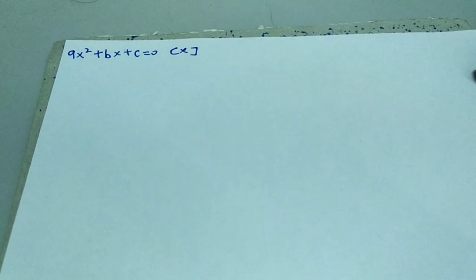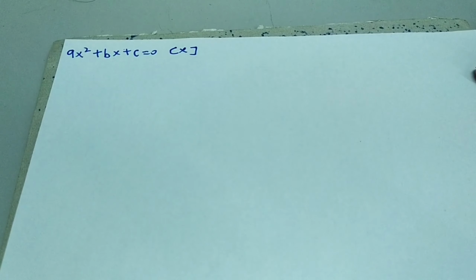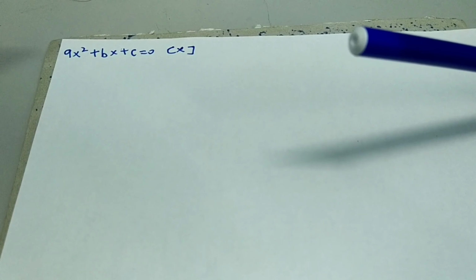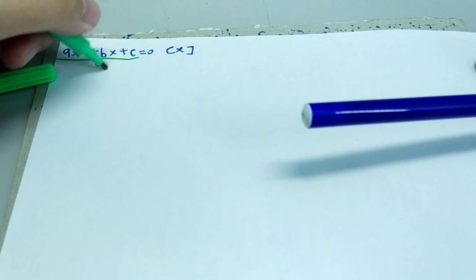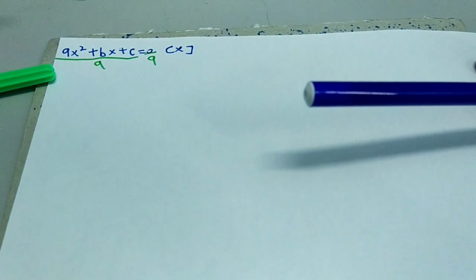Now, in order to apply the completing the square method, first you have to make the coefficient of x squared equal to 1. So in order to do that, we are going to divide by a at both sides.